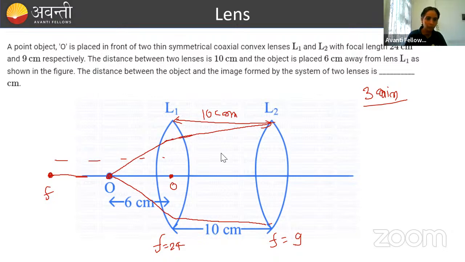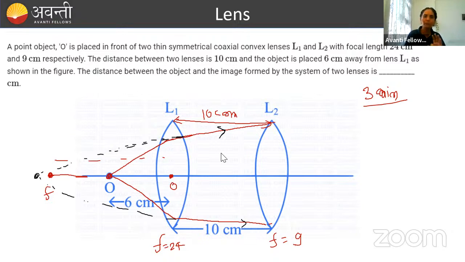Because we have to form the virtual image here, and for the virtual image getting formed, these two refracted rays are not going to meet anywhere. After getting refracted from the first lens, they're not going to meet anywhere. So let's extend them somewhere behind. If we extend them, they will meet somewhere, right? Somewhere here. So the image will get formed here.